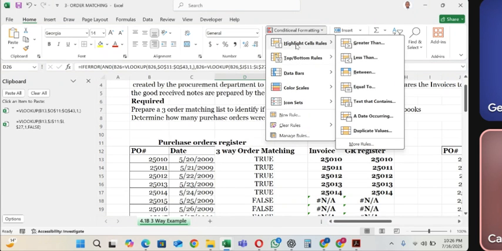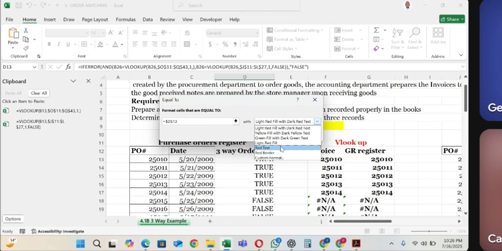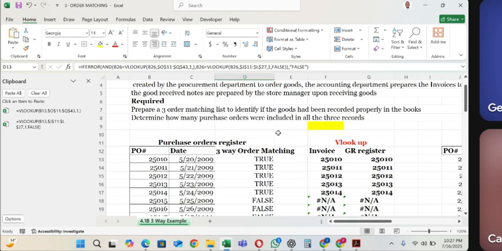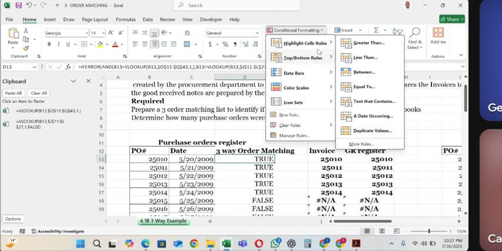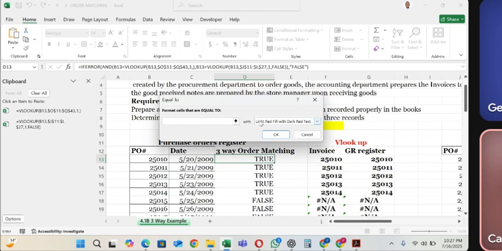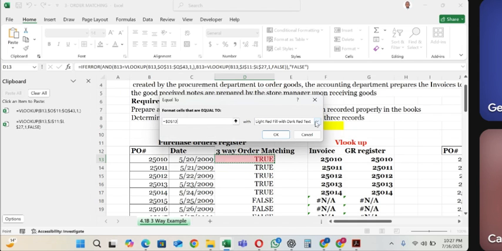Put if error. Huko mwisho kabisa, put a comma.